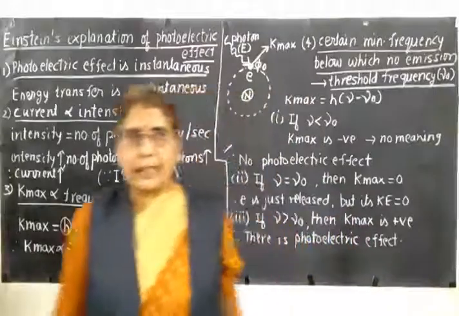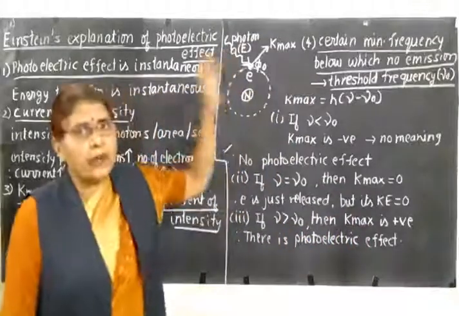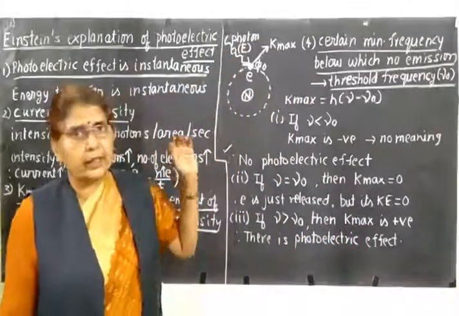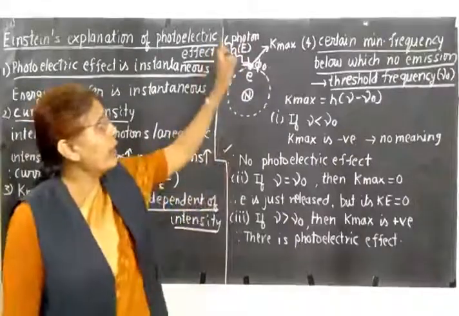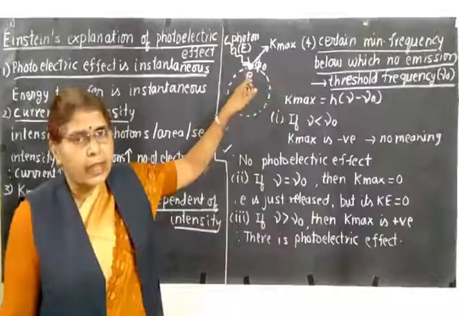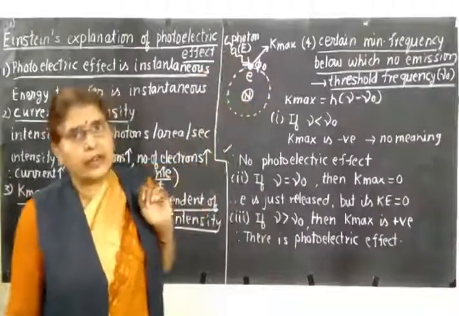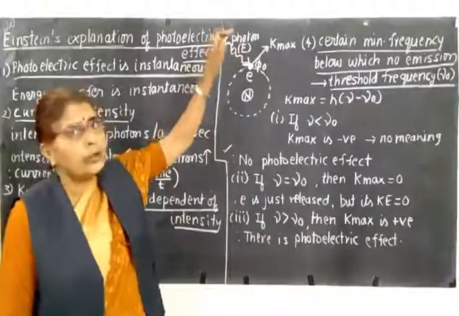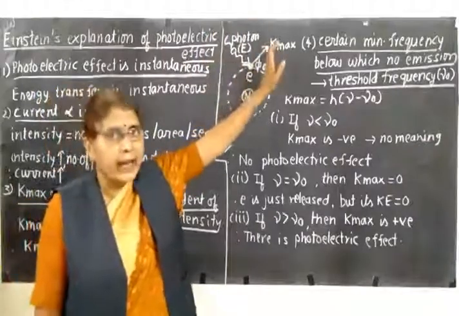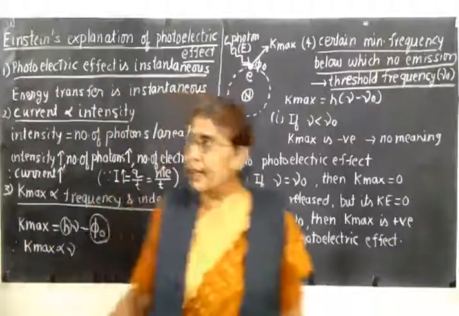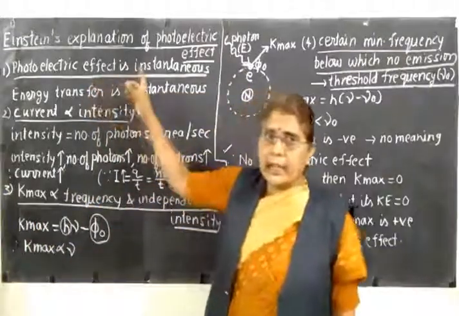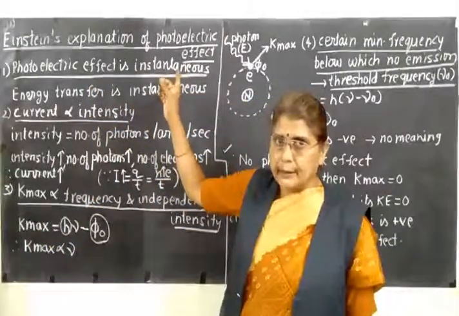Just now we have seen that radiation is made of packets of energies called photons or quanta. So when a photon is incident on an electron, there is an immediate transfer of energy from the photon to the electron, and the electron is emitted out. And because of the immediate transfer of energy, we can say that the photoelectric effect is instantaneous.